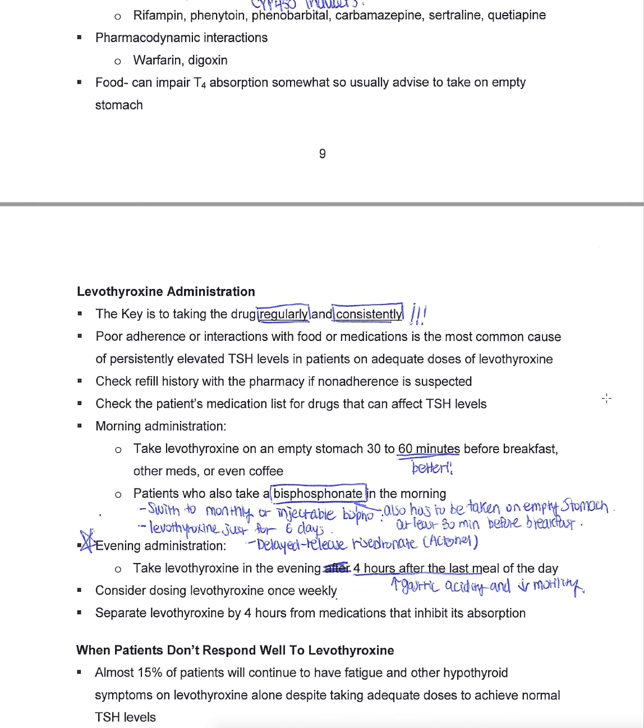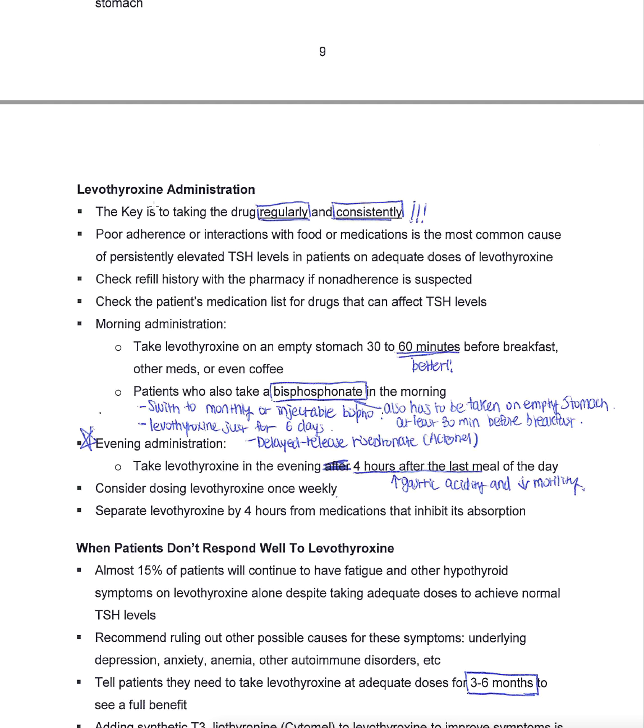So really the key of taking levothyroxine is to take the drug regularly and consistently. So take it every day, adhere to the drug therapy regimen, but also take it in a consistent manner.